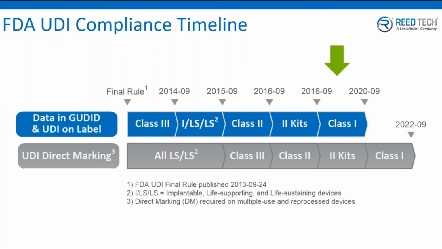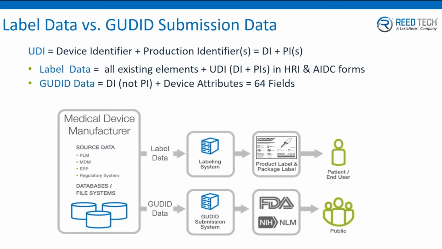So Class 3s, implantables and life supporting and life sustaining, and Class 2s are all past due. Right now we're looking forward at the September 2020 timeframe for the Class 1 compliance date.